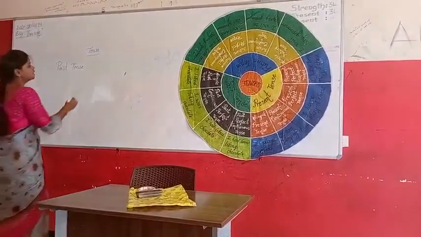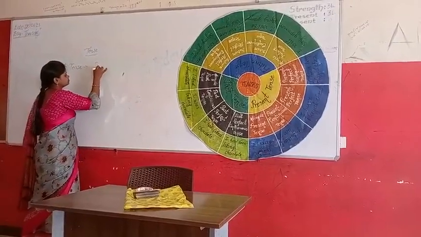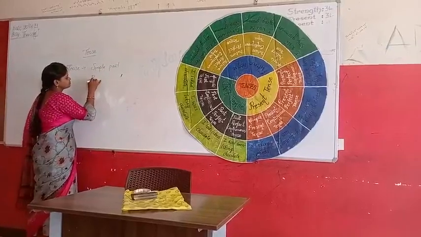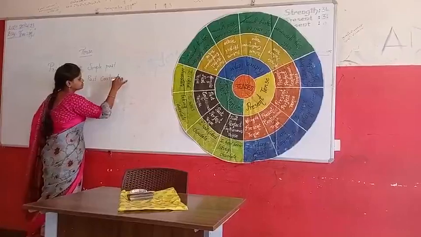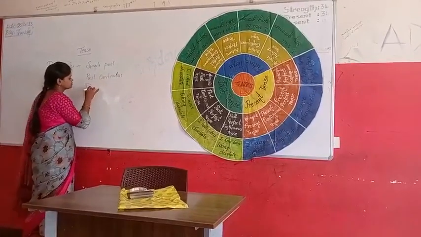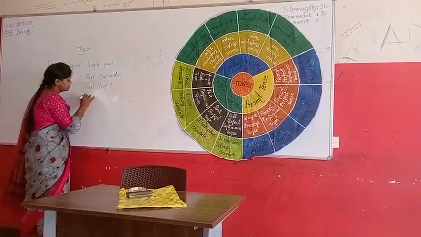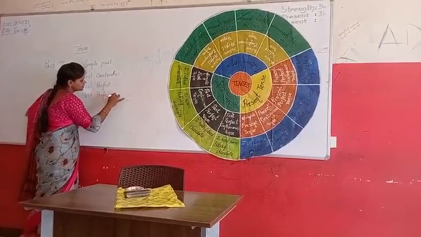This past tense is divided into four parts: simple past, past continuous, past perfect, and past perfect continuous.